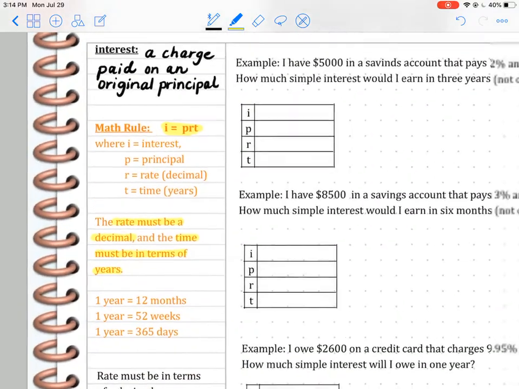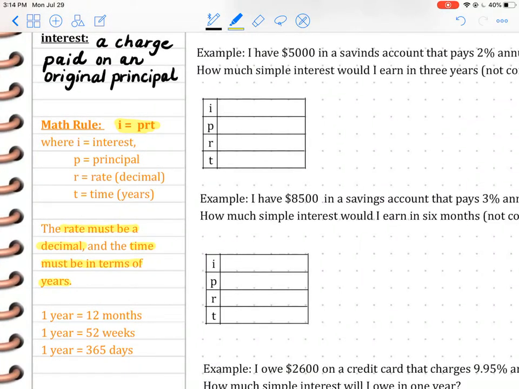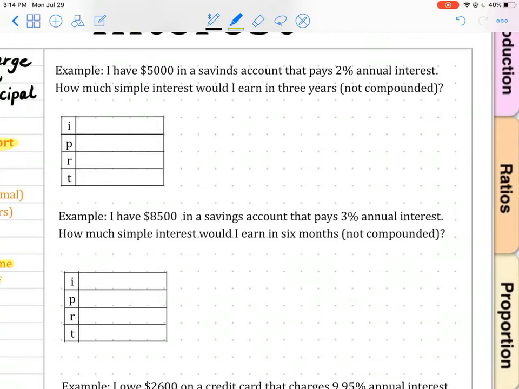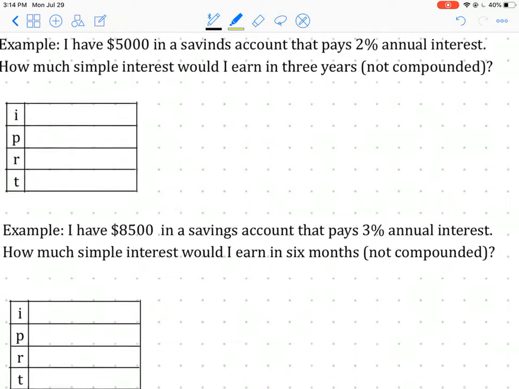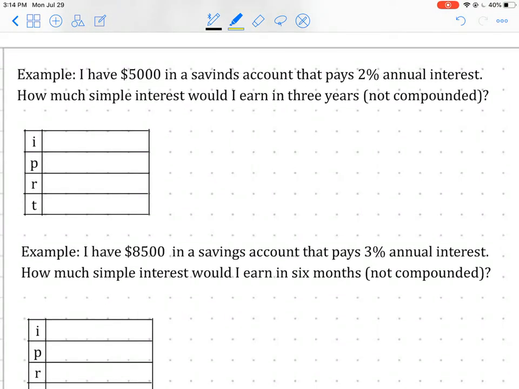So let me show you how to use this formula. And I've set up these little boxes for you because I think that's very helpful to help you remember where to start with interest. I have $5,000 in a savings account, sorry about that typo, that pays 2% annual interest.